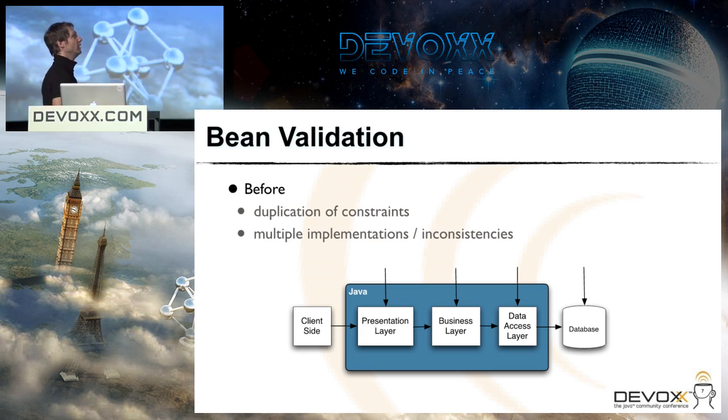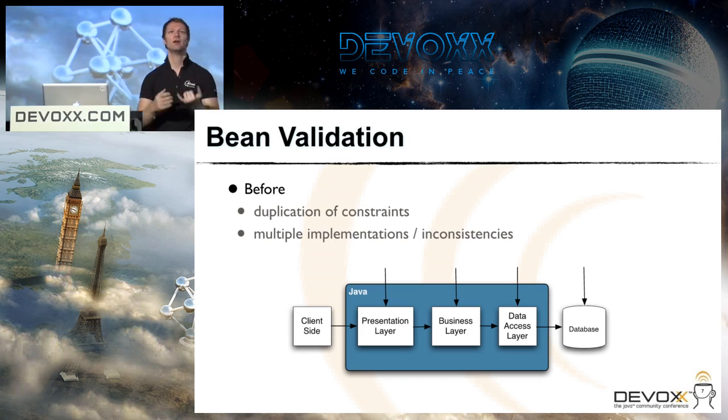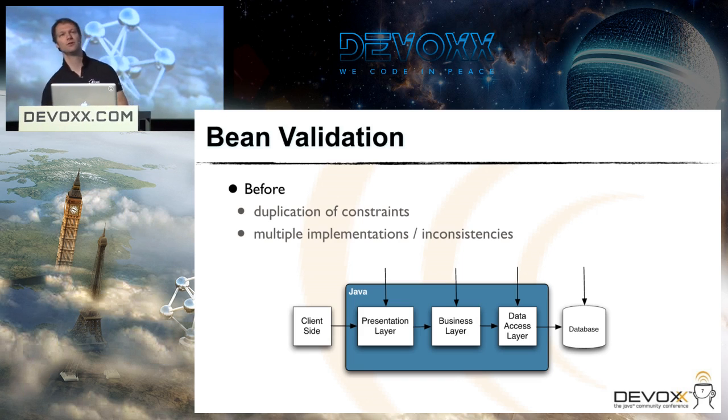So, in Hibernate, you could define some constraints that would be propagated to the database. At the business layer, you can actually verify that the parameters provided as input are valid or not, right? Of course, at the presentation layer, you want to provide feedback to your user. This phone number looks incorrect.